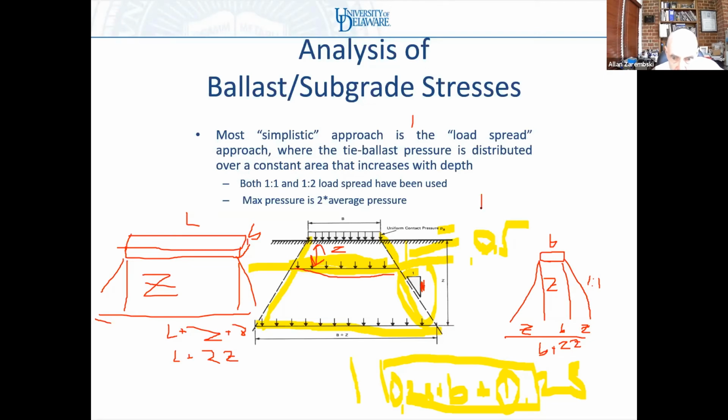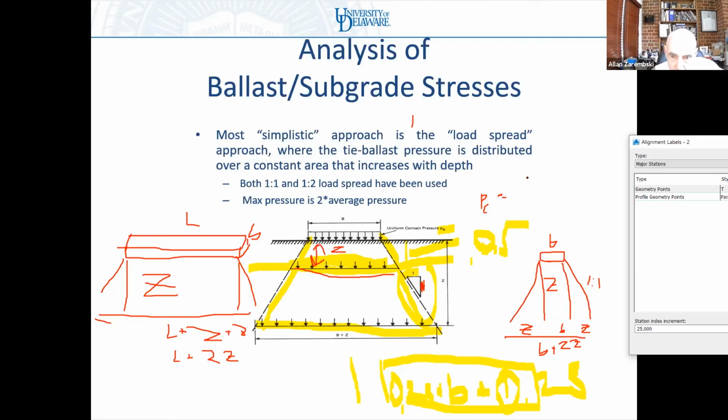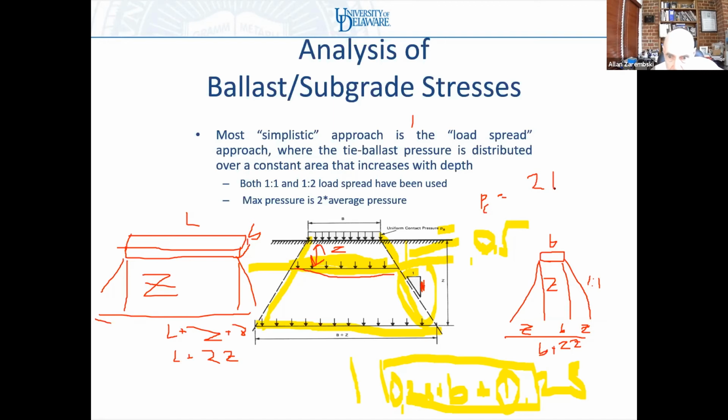So my stress, P sub C, is 2F, where F is the sleeper load at the rail seat, divided by that area. Is it clear? All you're doing is taking a cross-sectional area.